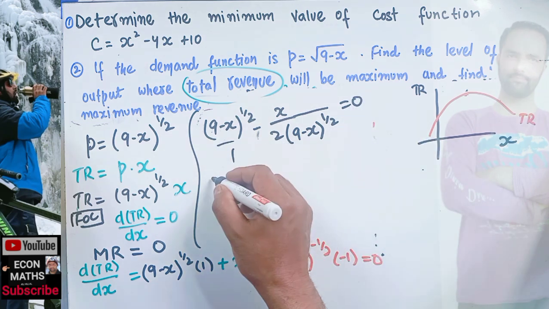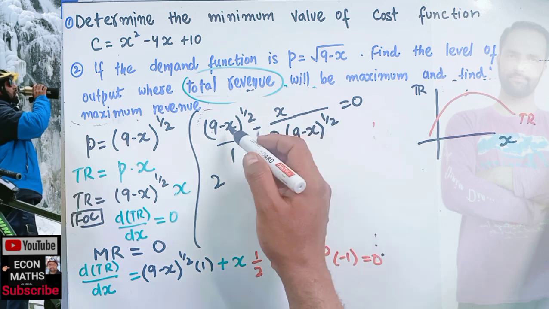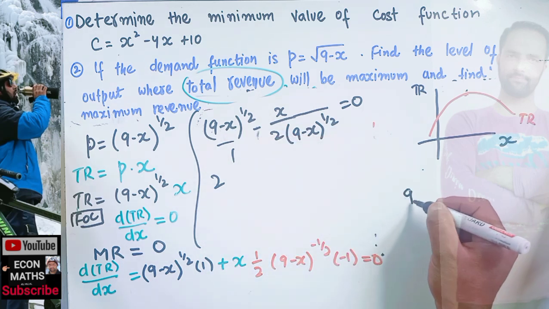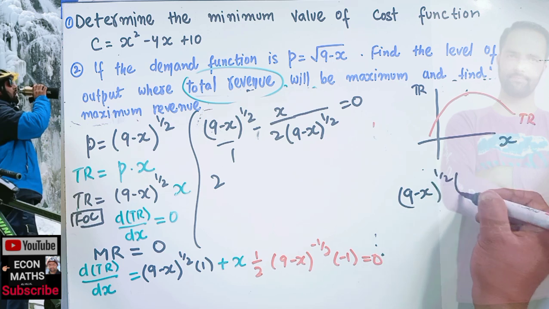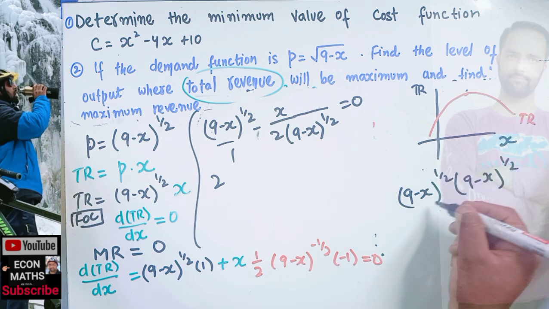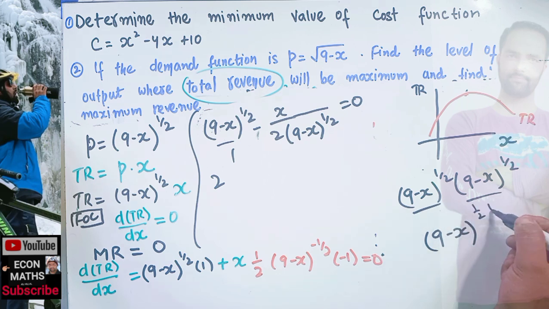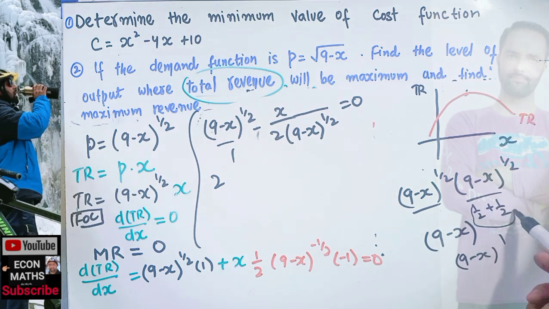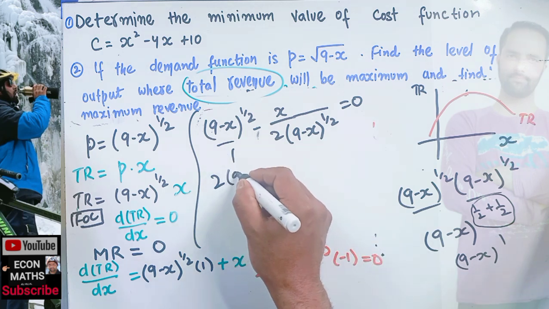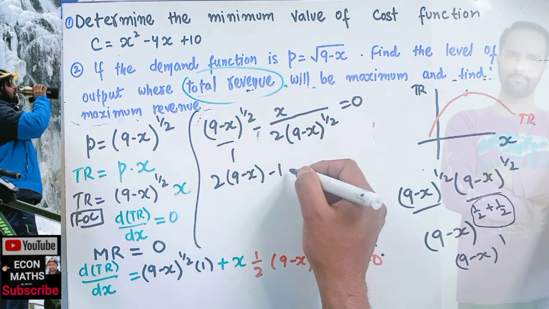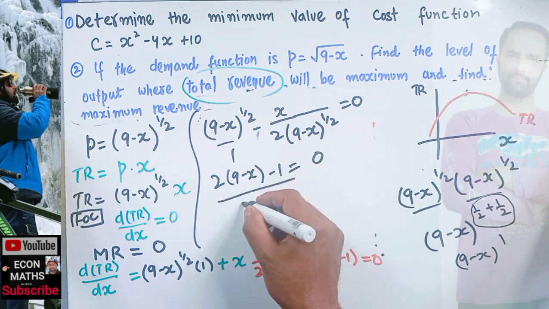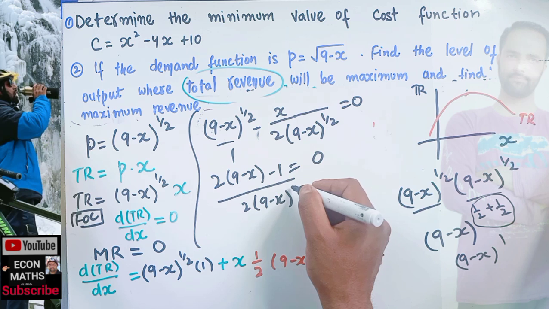So cross multiplying, we have 2 times 9 minus x raised to the power 1 upon 2 times 9 minus x raised to the power 1 upon 2. We have the same base, so we can add up the exponents. So we can write the common base 9 minus x and add up the exponents, which add up to 1. So we can write 2 times 9 minus x, then minus x, should be equal to 0.